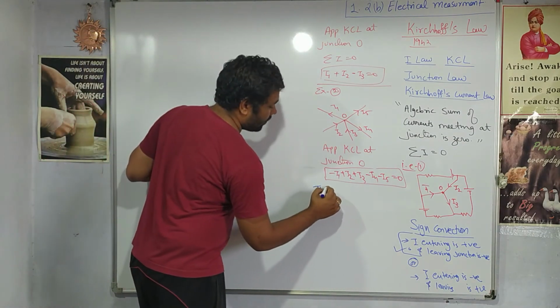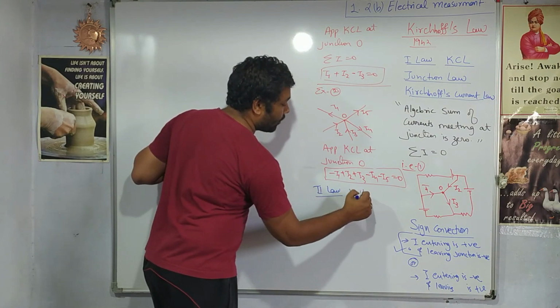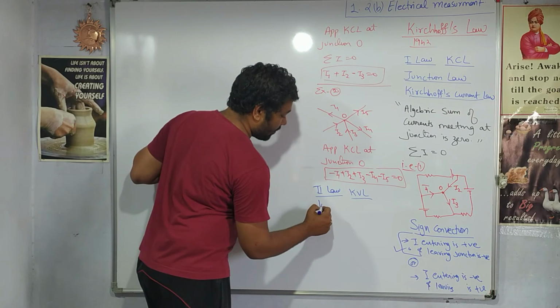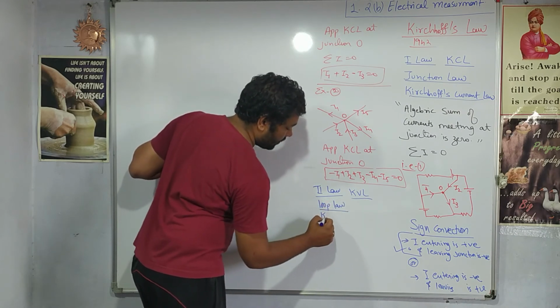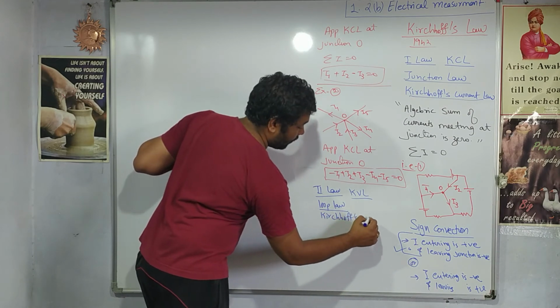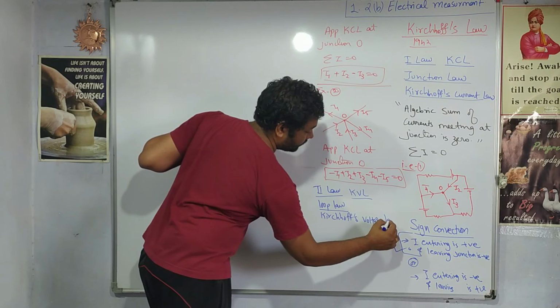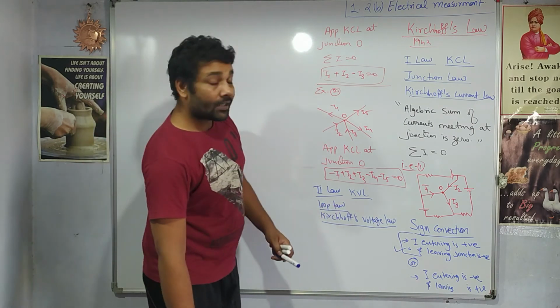Then next, let us see the second law. The second law is also called Kirchhoff's voltage law, or the loop law. KVL stands for Kirchhoff's voltage law, the loop law. So what does this law state?